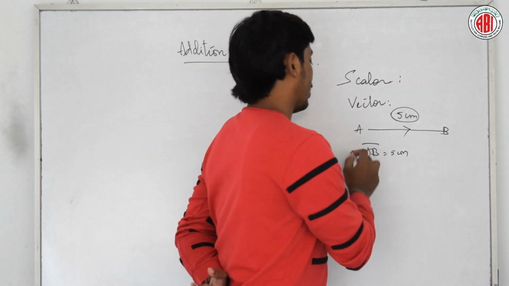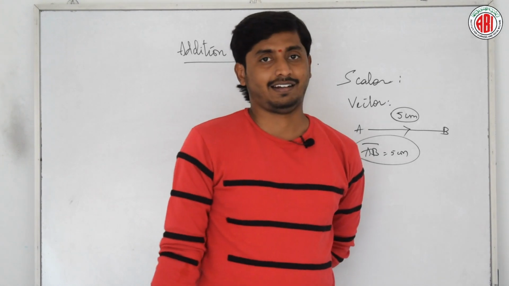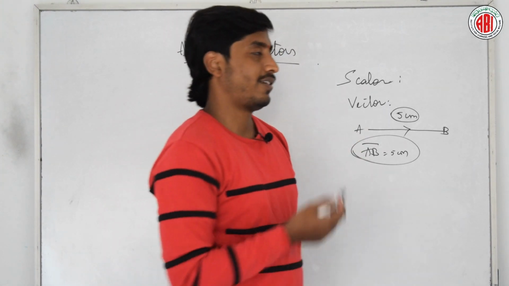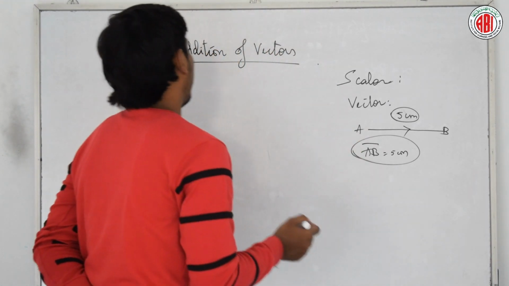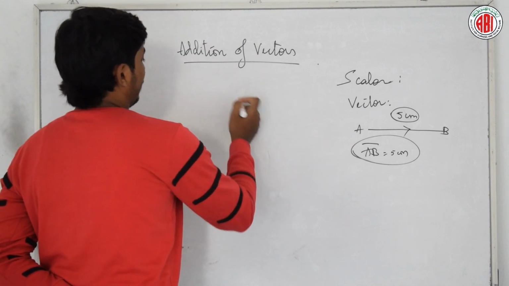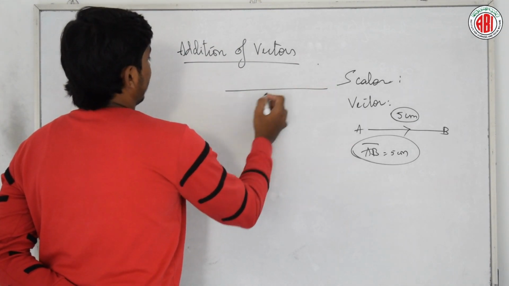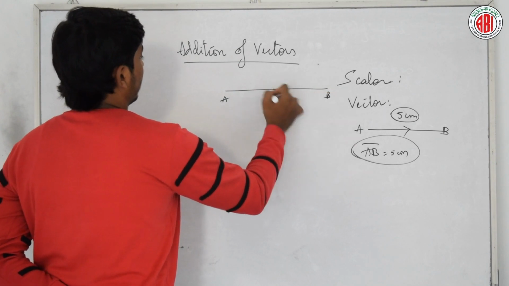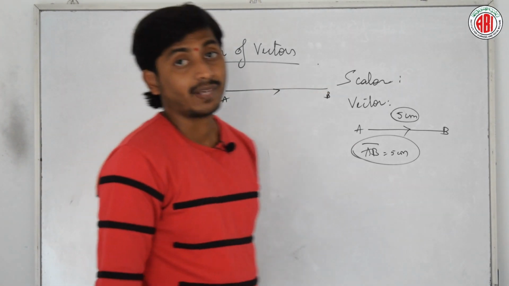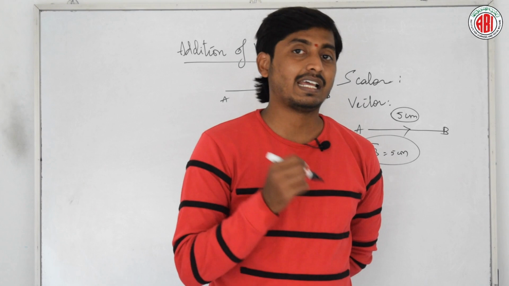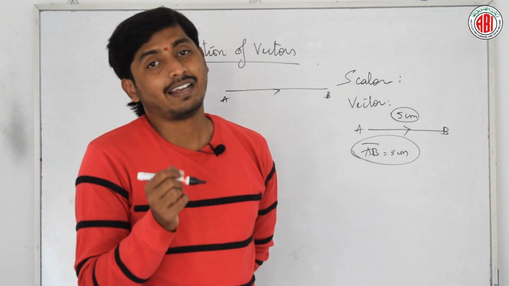So this can be called a vector. Our definition becomes: a vector is a line segment with direction. Simply, a vector is nothing but a directed line segment.